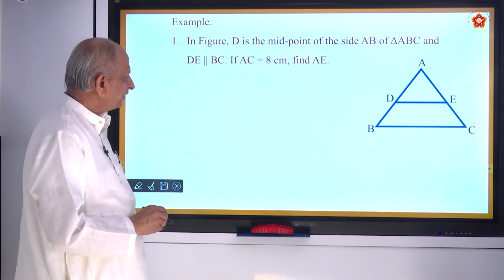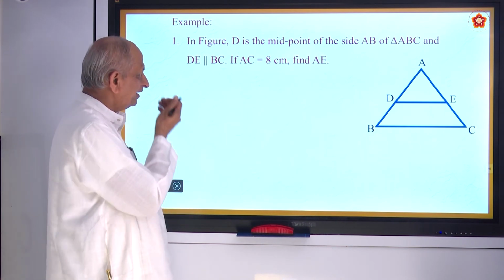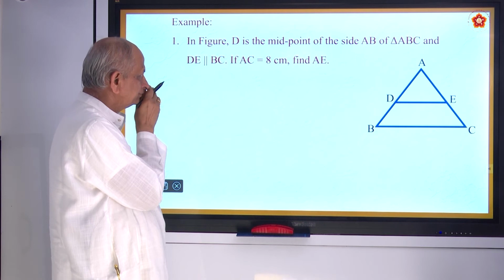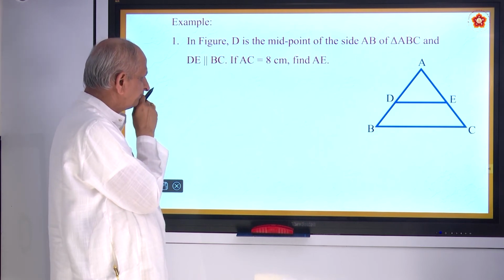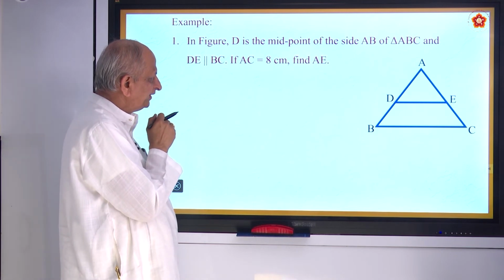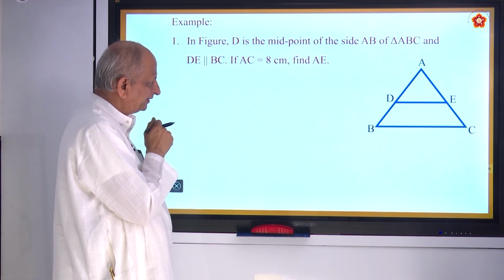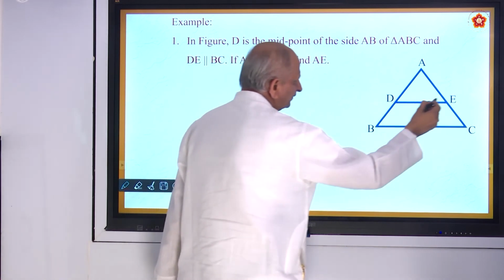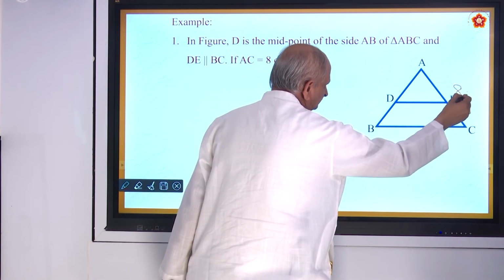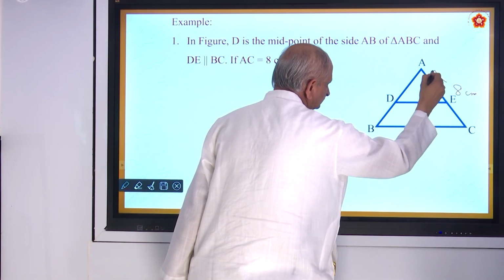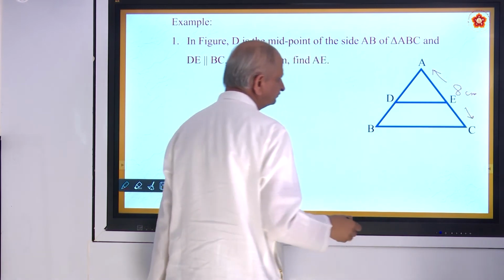D is the midpoint of the side AB of triangle ABC. DE is parallel to BC. If AC is equal to 8 centimeters, AC is 8.